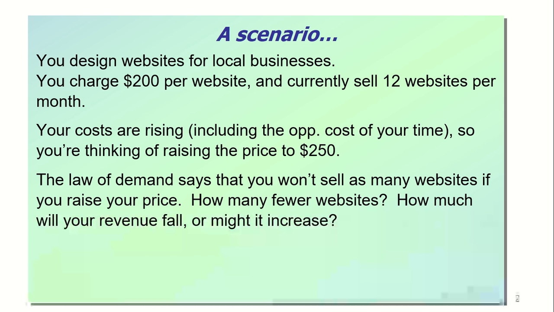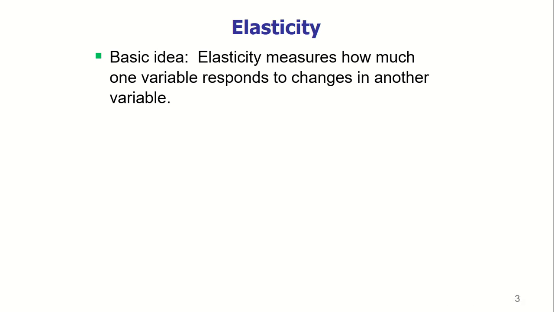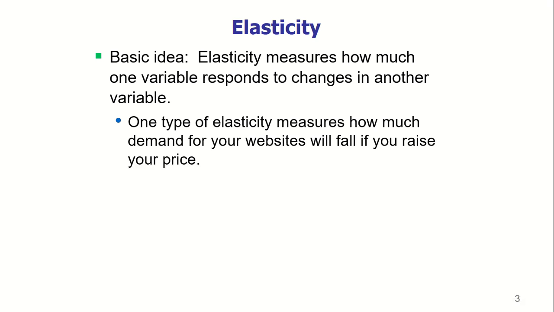But before we go there, let's understand what is elasticity. Basically, elasticity measures how much one variable responds to change in another variable. One type of elasticity measures how much demand for your websites will fall if you raise your price.